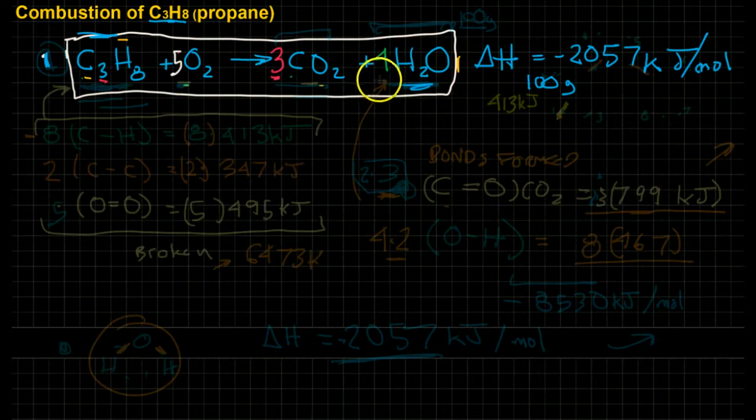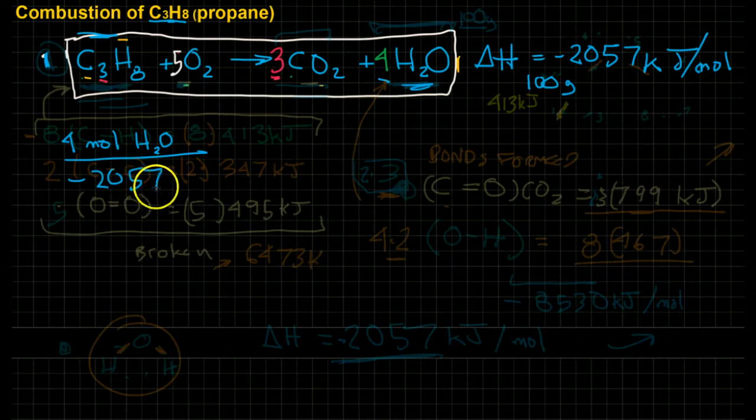I could say, look, there are 4 moles of H2O for every 2057 kilojoules of heat in a reaction, right?